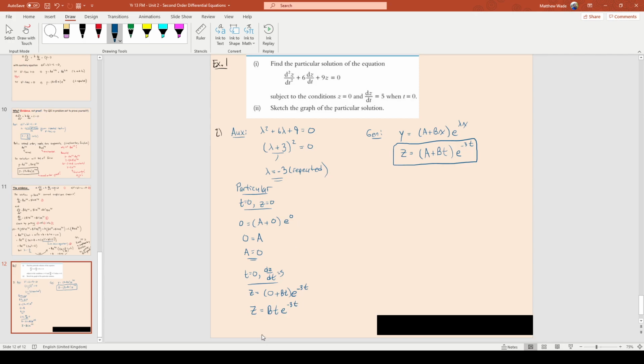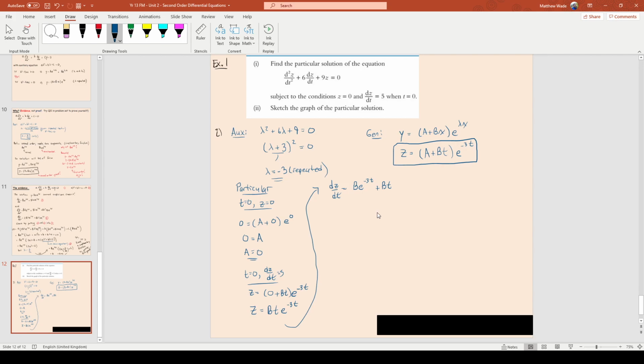Okay, now we can do our dz/dt. It's going to be product rule: differentiate the first, bt just becomes b, leave the second one, e to the minus 3t, plus, leave the first one, bt, differentiate the second one, it's going to be minus 3.